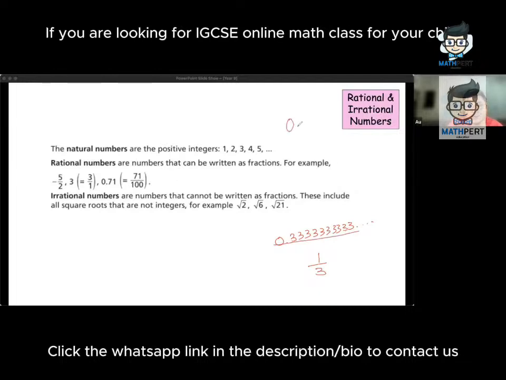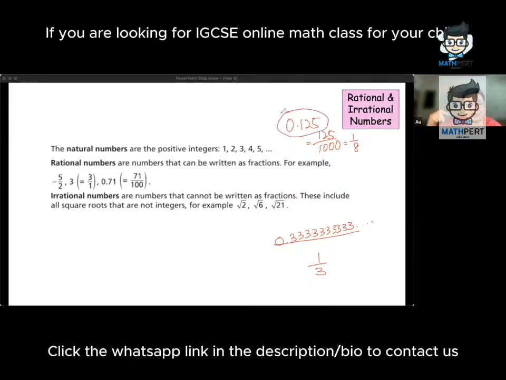Like 0.125. You can rewrite this as 125 over 1000. If you simplify it, you get 1/8. So this one is also a rational number. Okay, this type of decimal we call a terminating decimal.